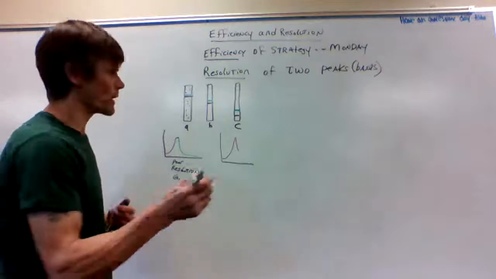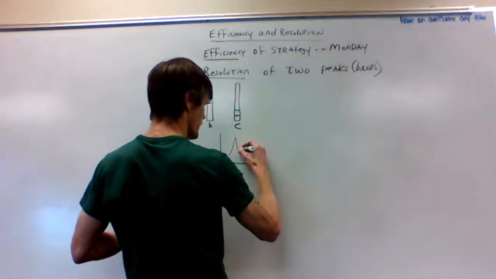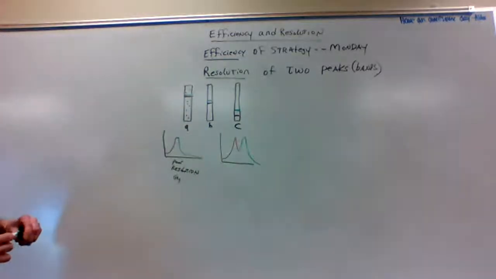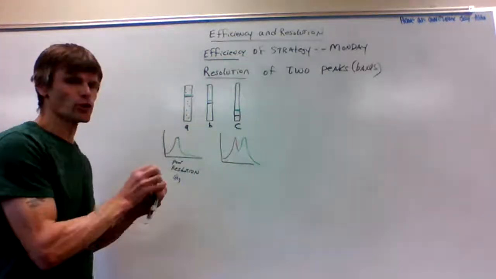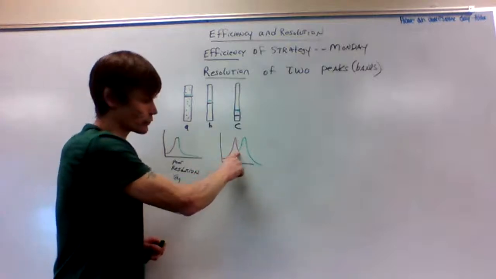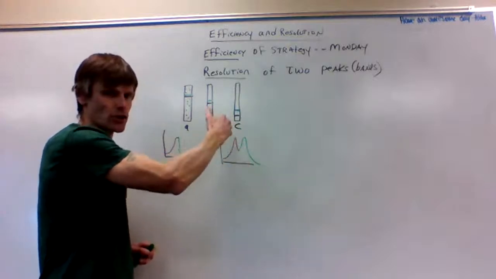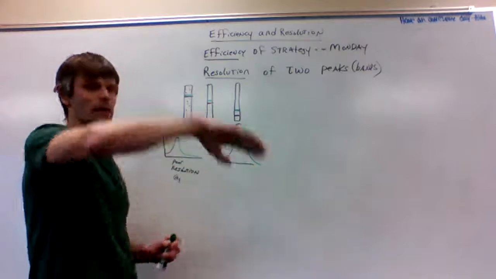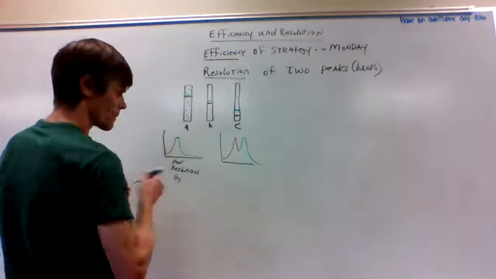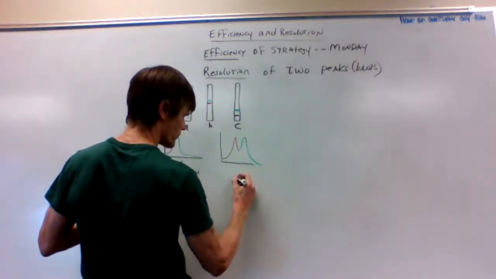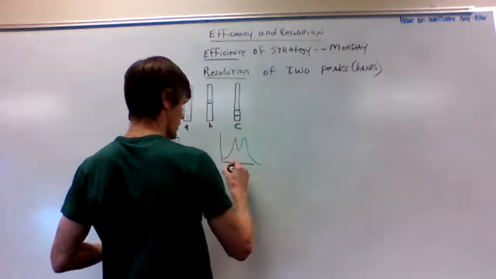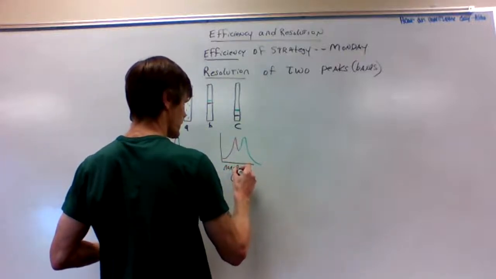It doesn't reach 0 because all of a sudden the green guy comes off and it gives us a response. And we get something like that. Now notice the resolution's a little better, but we're not getting what we call baseline resolution. This response is not returning back to the baseline before we start to see our green band. So we are getting still non-baseline resolution on B. We'll call this non-baseline.